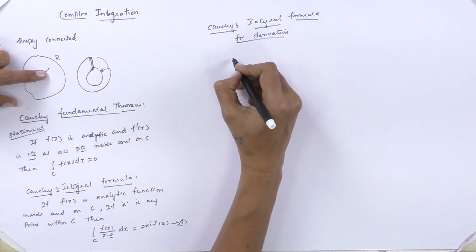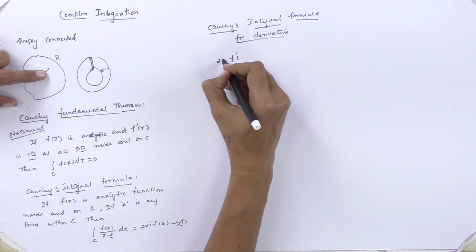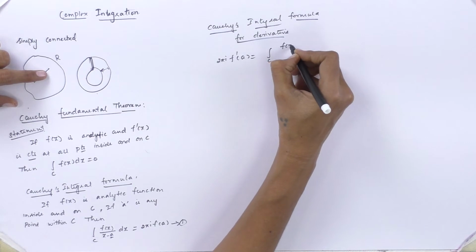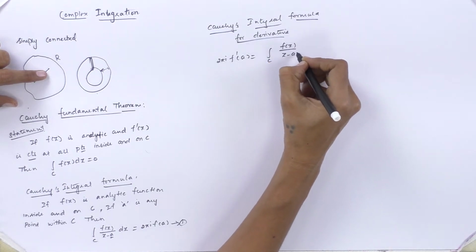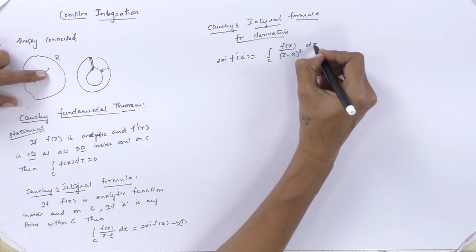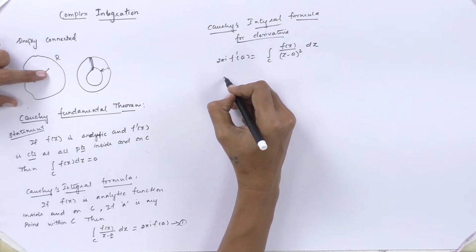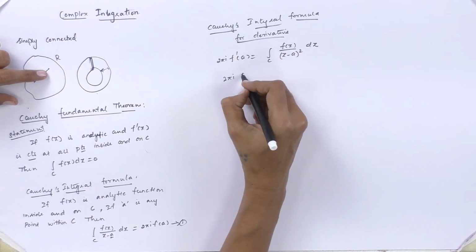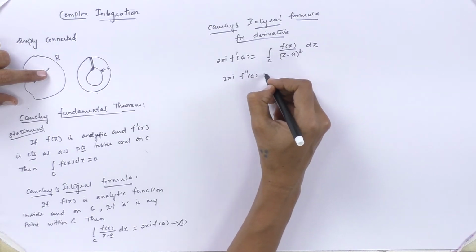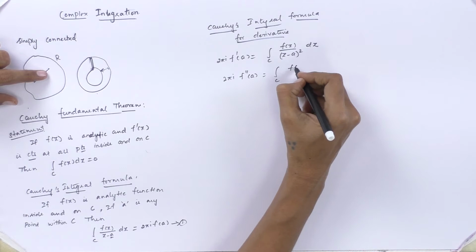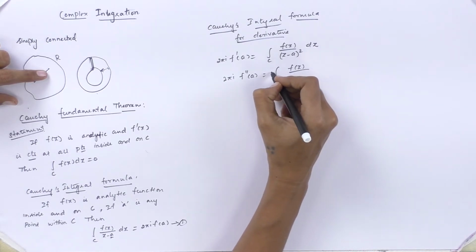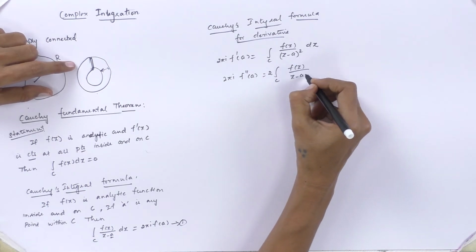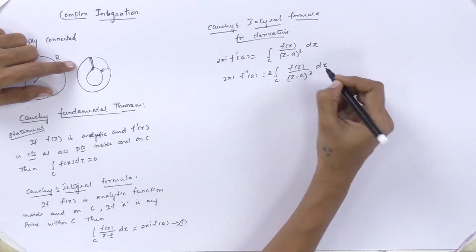We get the first derivative of f at a equal to integration over C f of z divided by z minus a raised to the power 2 into dz. If we differentiate this equation again with respect to a, then the second derivative of f at the point a is integration over C f of z divided by z minus a raised to the power 3 into dz.